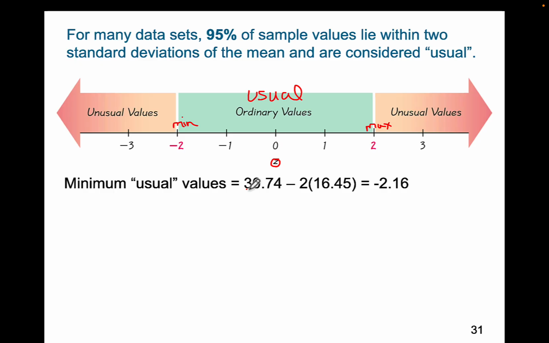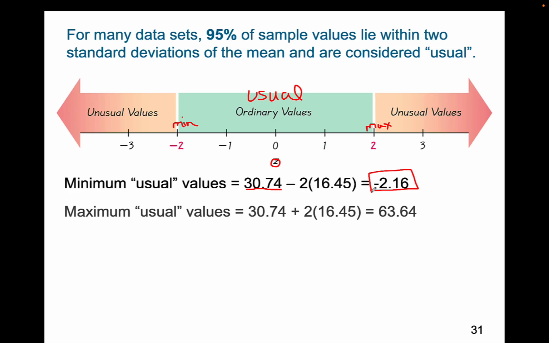So that was our mean. We subtracted 2 standard deviations, and that got us down to negative 2.16. That would be considered the minimum usual value. And in the other direction, we took our mean and added 2 standard deviations to it, getting us to 63.64, and that number is considered our maximum usual value.